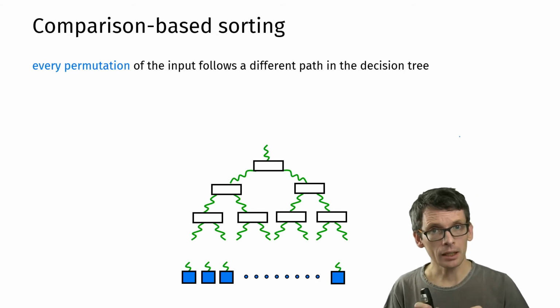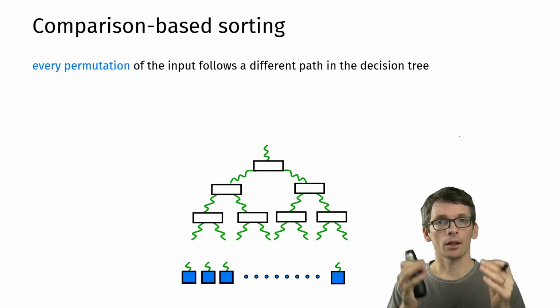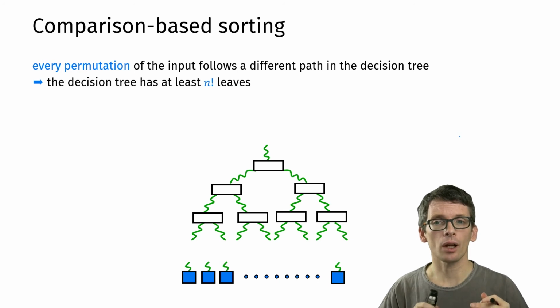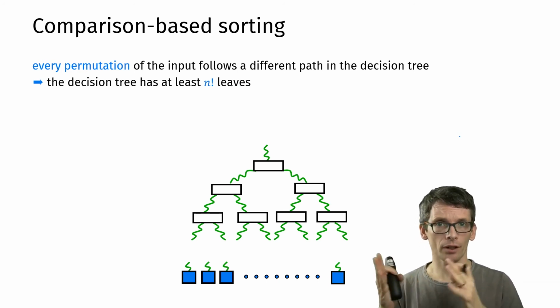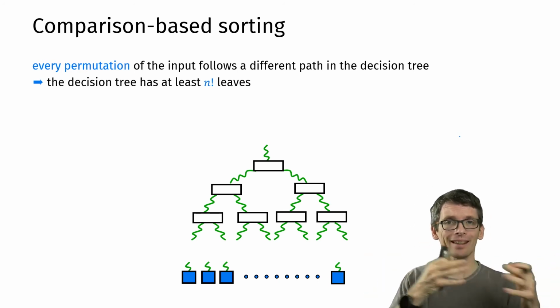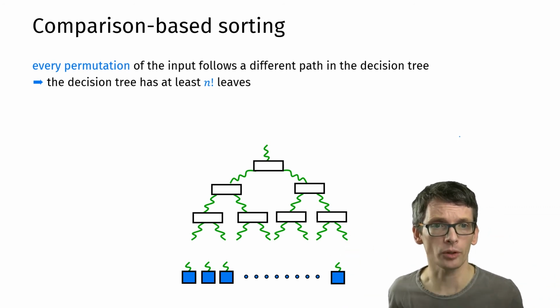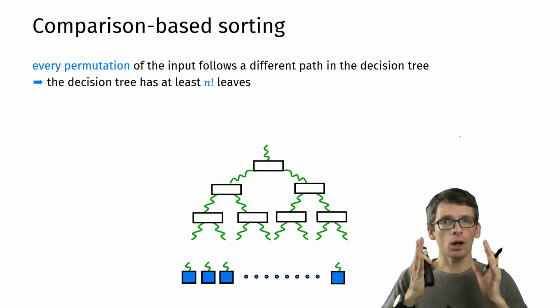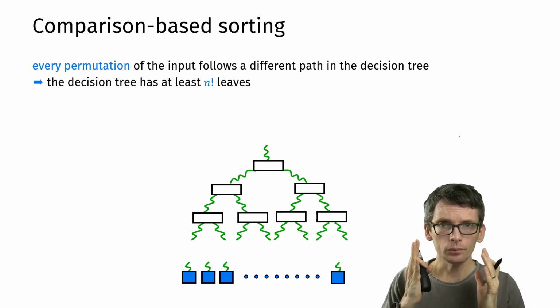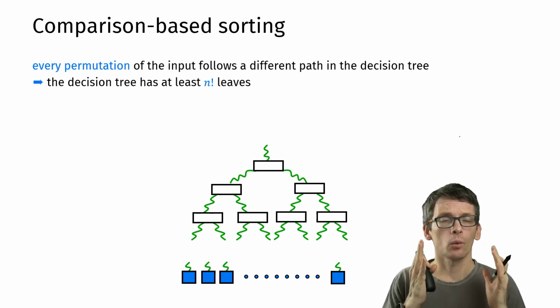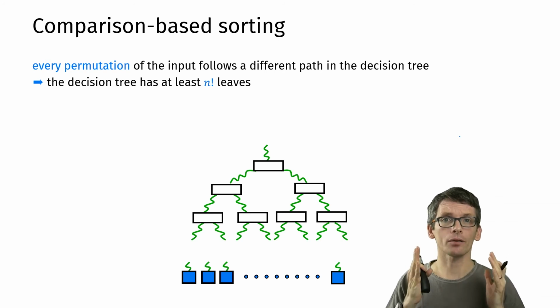What that means is that the decision tree needs to have at least n factorial leaves. So n factorial, that's n times n minus 1 and so on, and that's the number of different permutations that I have as inputs. Now, if I have n factorial leaves, what is the height of the tree at least?